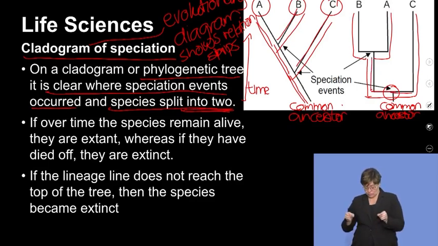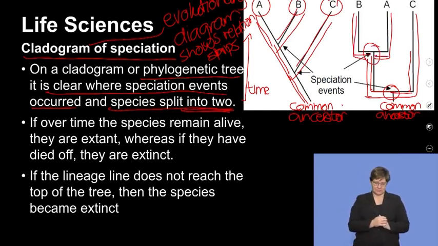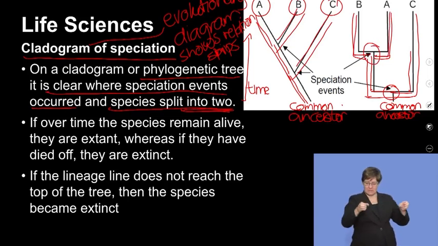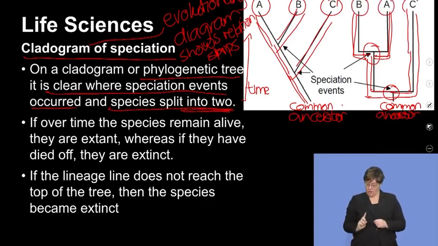They then stayed 2 populations for a period of time, and then there was another speciation event. Once again, the environmental conditions changed, and they split into 2 species, whereas this species just continued as is. If we look at the top again, we started off with 1 population, and we now have 3 different species.